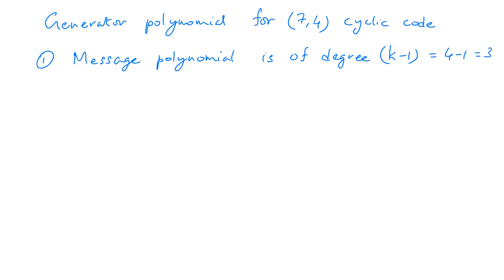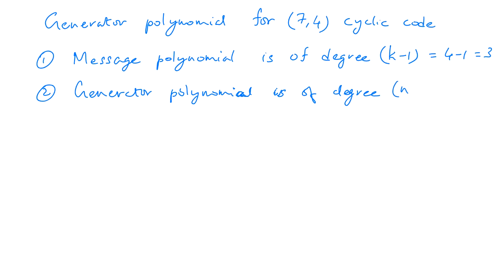And then the generator polynomial is going to have a degree n minus k, which is in this case 7 minus 4, which is 3.